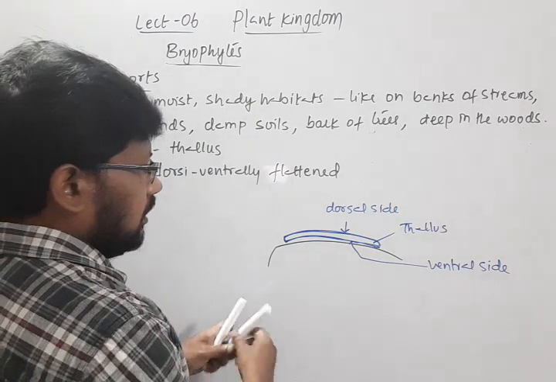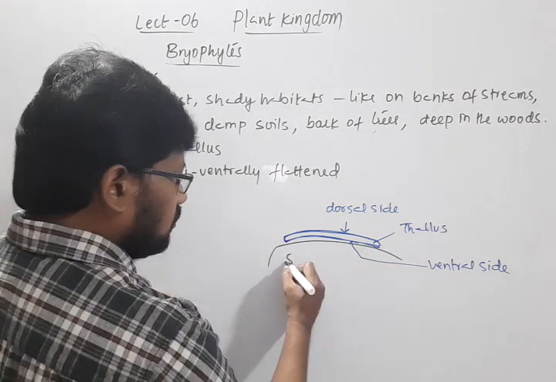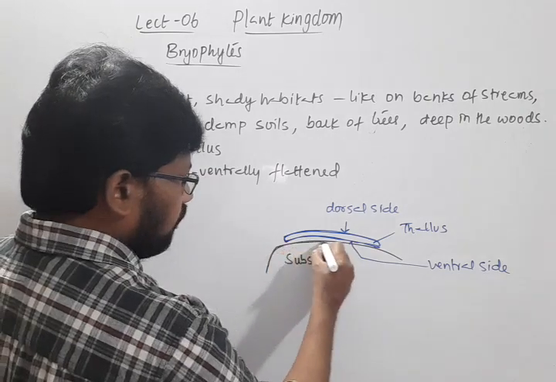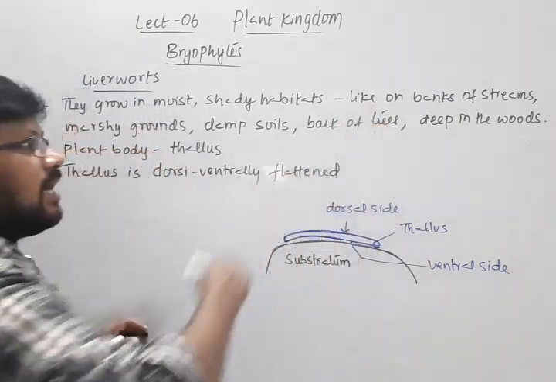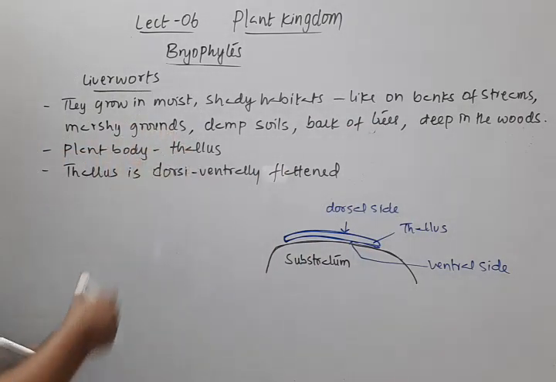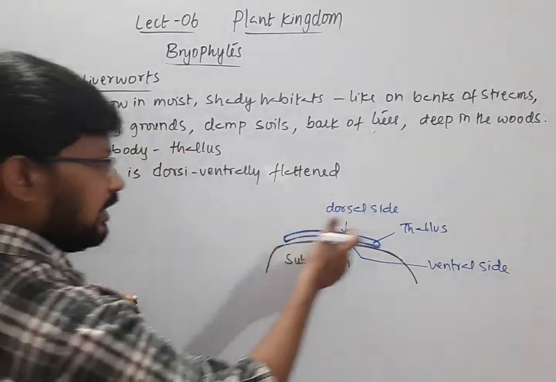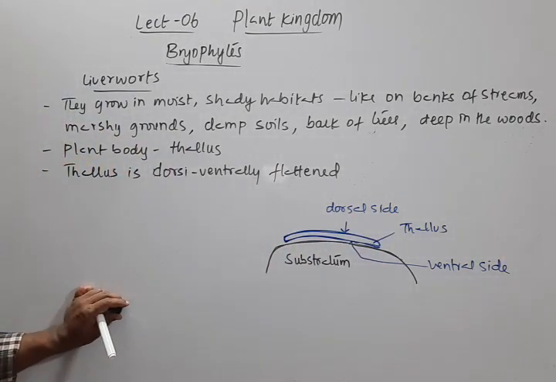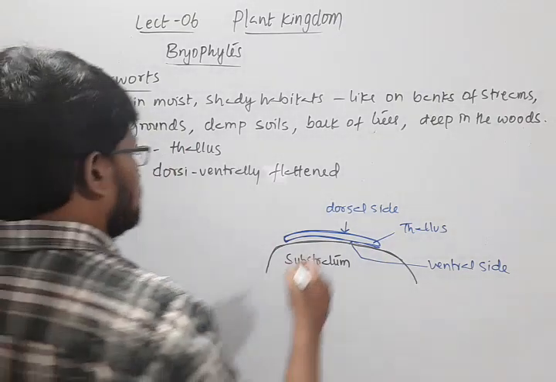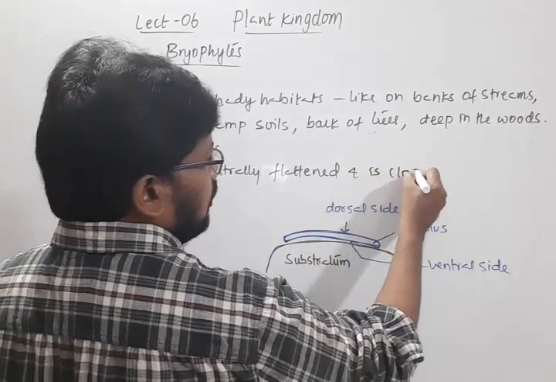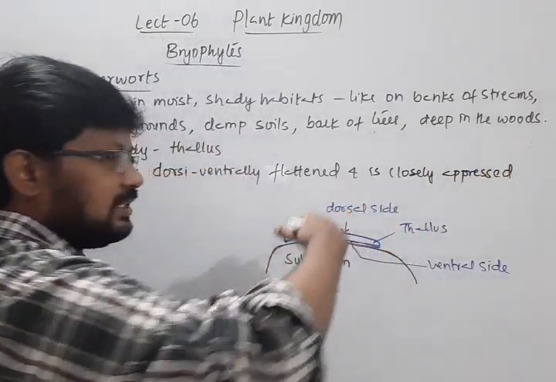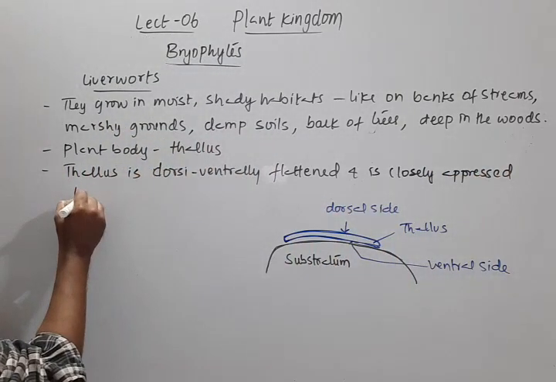That is seen appressed to the substratum. Maybe a bark of a tree, marshy ground, or damp soil, you will see it growing like this. This is the thallus, which is dorsiventrally flattened, and it is closely appressed, which means pressed, to the substratum.